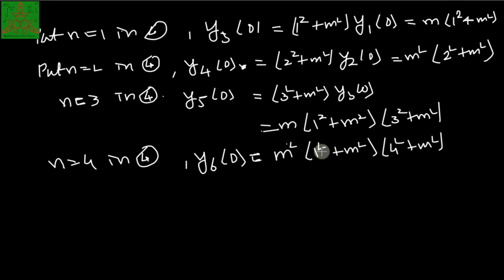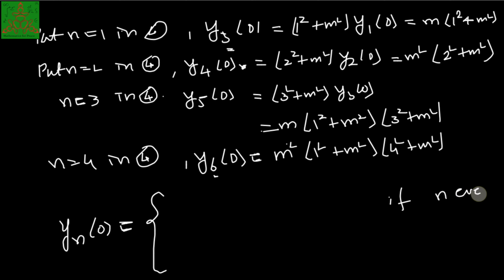And this leads to a conclusion that if n is even, then it has one value, and if n is odd, then it has a different value. So what will be the yn at 0 in general? You can write yn at 0, if n is even, then you can see that it is m square, 2 square plus m square, 4 square plus m square, and so on.